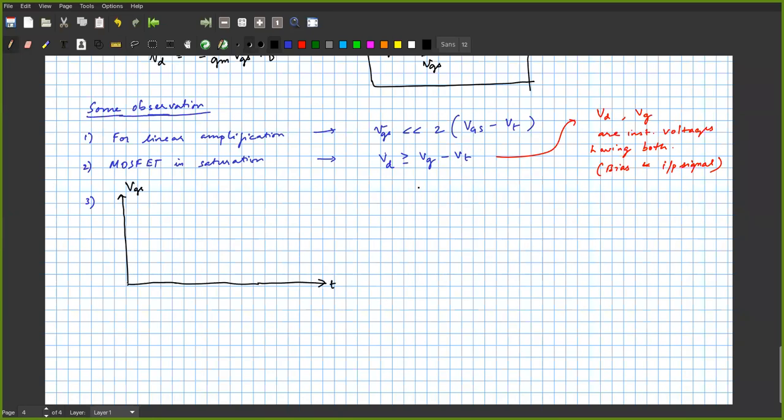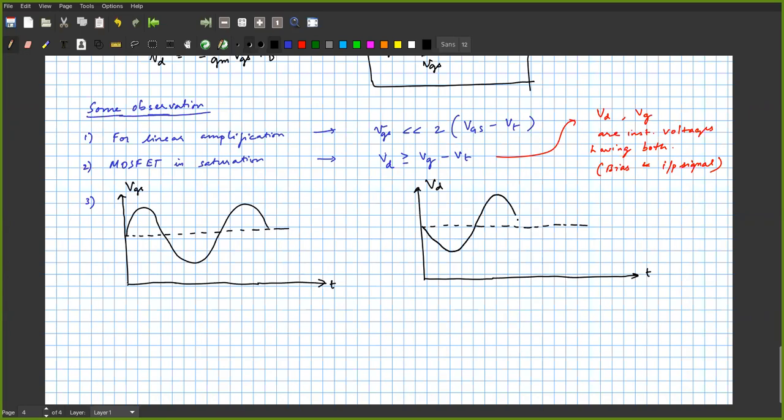The second one is VD with respect to time. So this is actually VGS, the bias voltage.